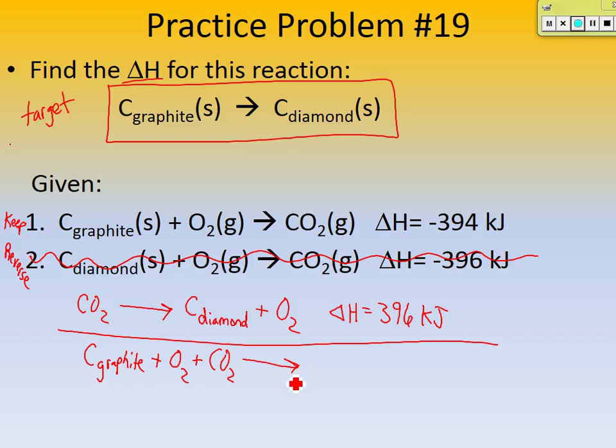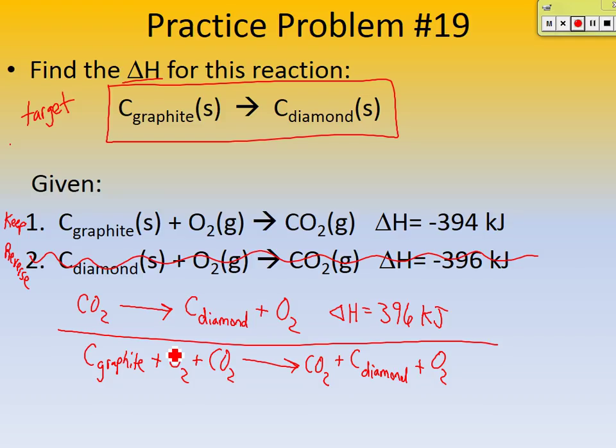Okay, let's list everything that's on the right side or the product side here. We've got CO2 right here. What else is on the right? Well, we got carbon in the diamond form plus this oxygen. Okay. Now, can we cancel out anything? Yeah.